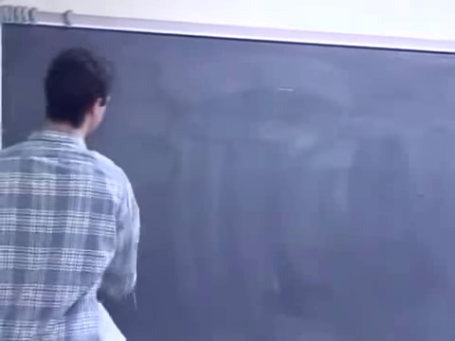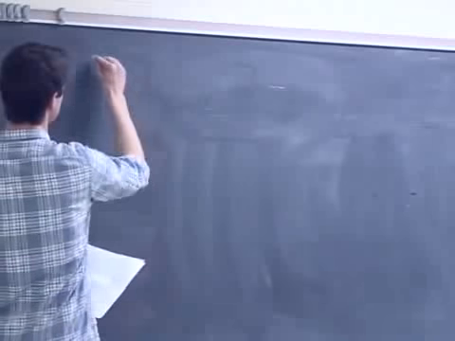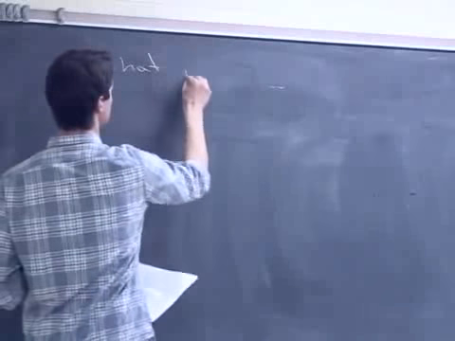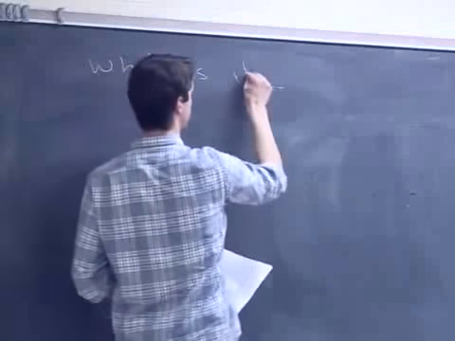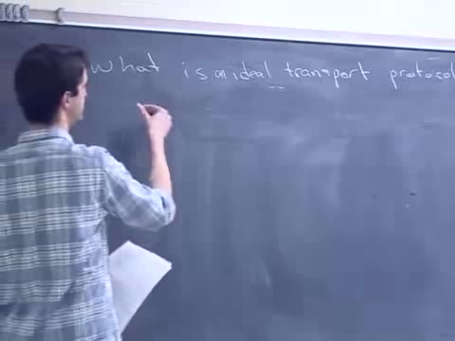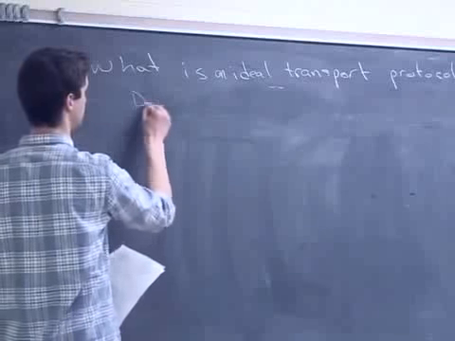Let's move on to talk now a little bit about what's the ideal transport layer. All right. So what is an ideal transport protocol? The answer to this depends on the network.